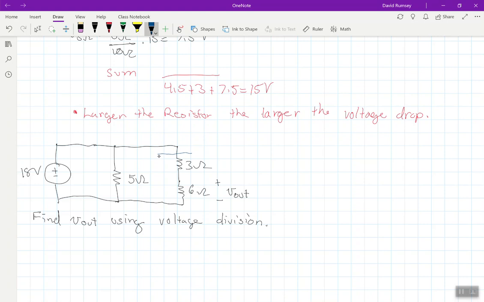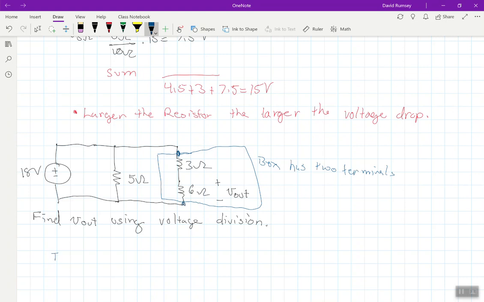Because if I put a box around both this 3 ohm and 6 ohm resistor, so basically I'm putting a box around them, this box then has 2 terminals. It's got a terminal right here, and it's got a terminal down here.